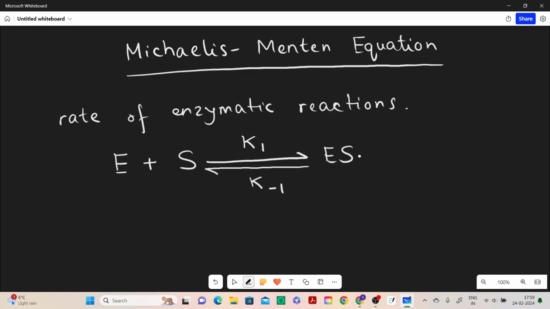This complex can also, with a rate constant of K2, form the product. We need this part of the enzyme-substrate reaction to happen. As you can see, the amount of enzyme at the end of the reaction is the same as the amount of enzyme in the beginning of it.